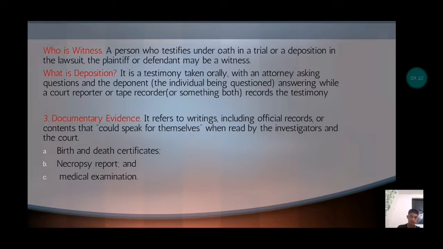It consists of writings or any materials containing letters, words, numbers, figures, symbols, or other modes of written expression offered as proof of their contents. So documentary evidence includes, but is not limited to, the following: first, birth and death certificates; second, necropsy report; and third, medical examination.